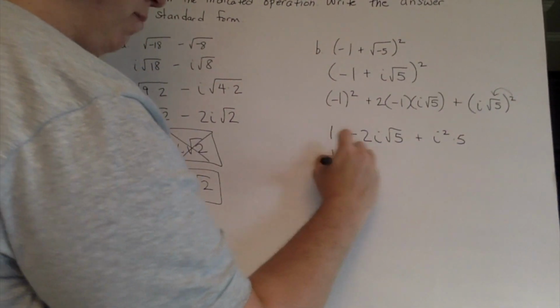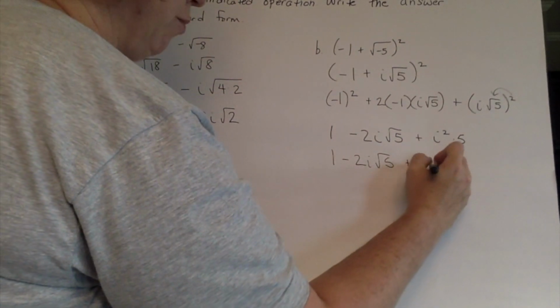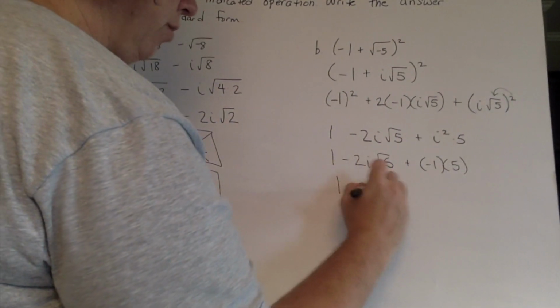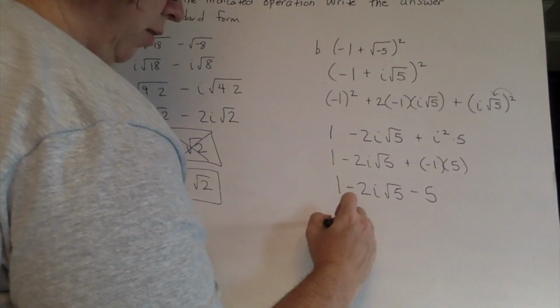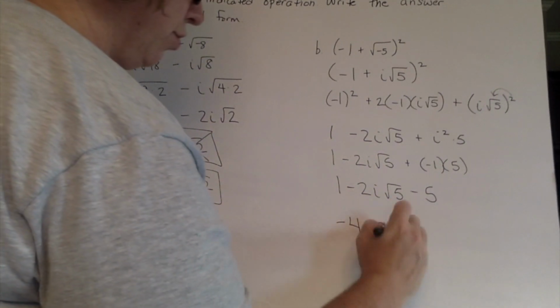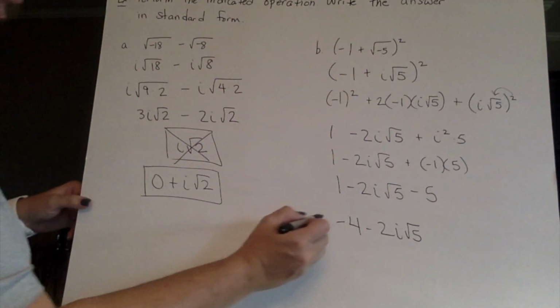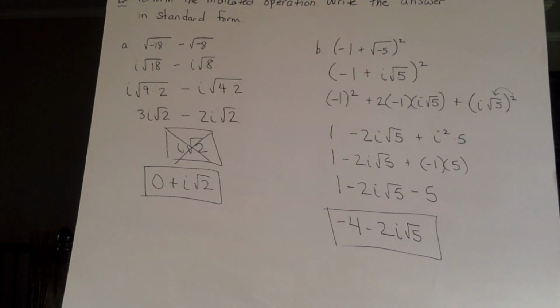So now I have 1 minus 2i square root of 5 plus negative 1 times 5, or 1 minus 2i square root of 5 minus 5, which is negative 4 minus 2i square root of 5. That would be our final answer on that one. And again, if you want, you can write that out and square it. Either way is fine, as long as you get the right answer.